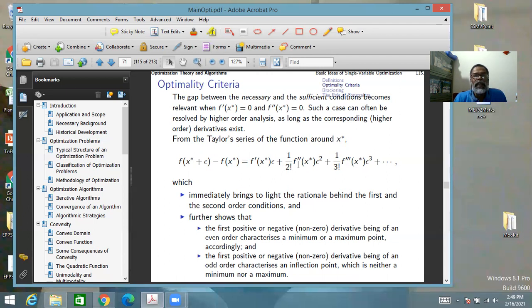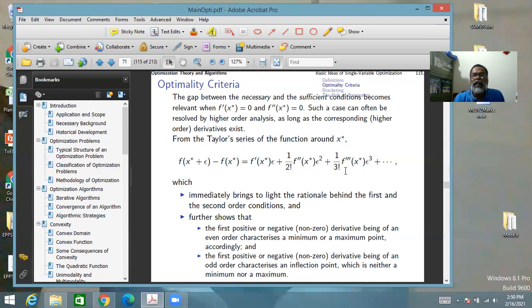And the gap is if this is also 0. So this is 0, this is 0. Then what? Then we try to resolve from here, as long as this is not 0. And again, this is an odd power, so it will be left, right, positive, negative, depending upon the sign of epsilon.